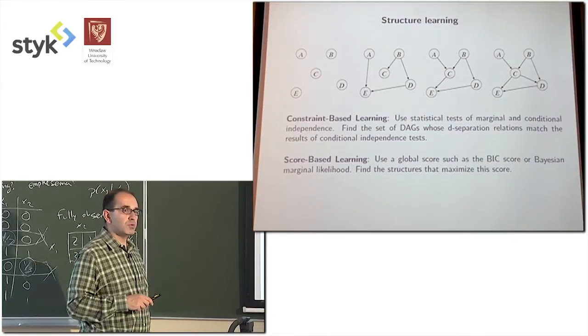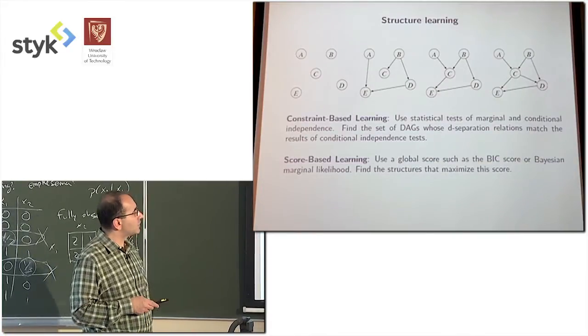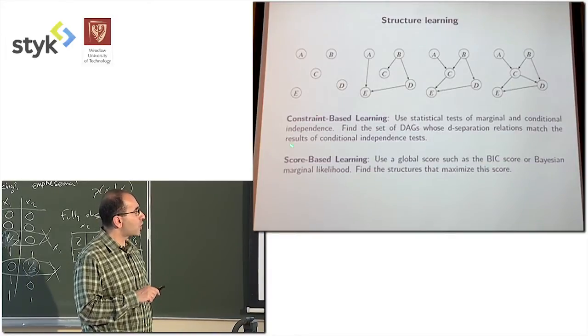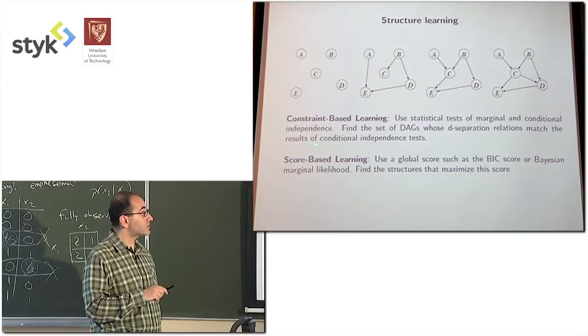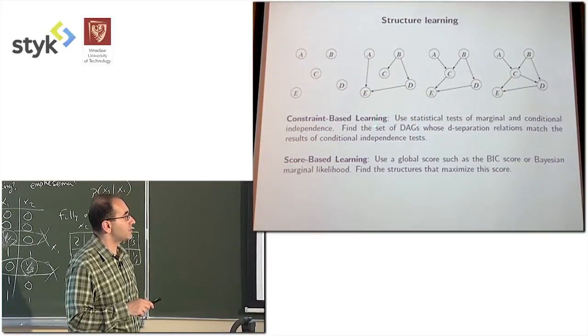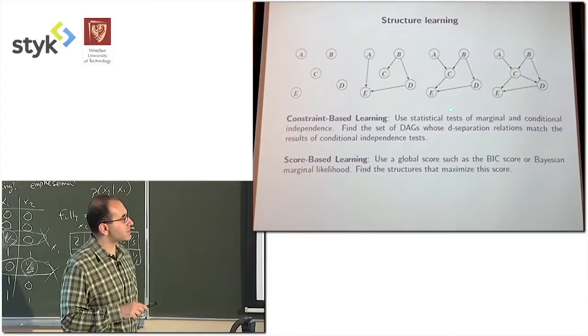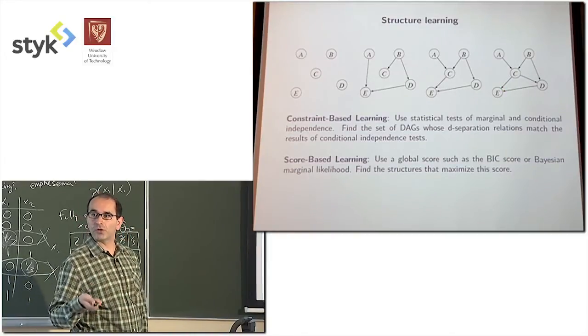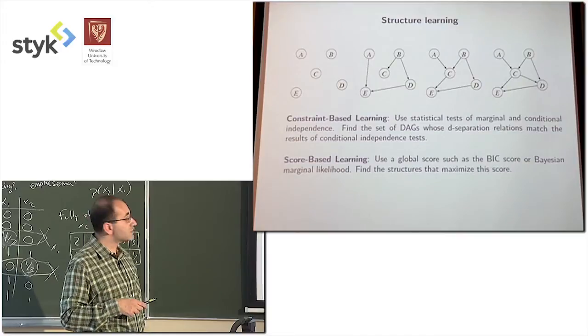There are broadly two different methods for doing structure learning. There is an approach based on constraints-based learning. So the idea is you use statistical tests for conditional and marginal independence, and then you build the graphical model from those statistical tests.